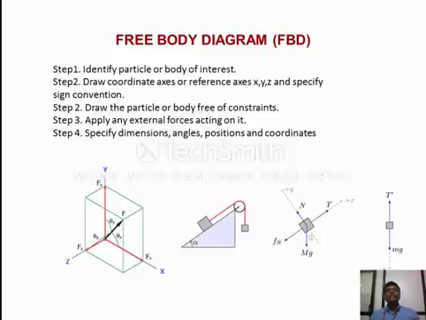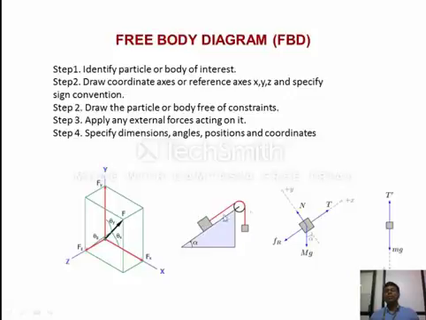Then apply the external forces acting on it. When you remove the constraint, there are external forces acting on it, so you have to include the external forces acting on that boundary. Specify the dimensions, angles, and positions in the coordinates. That's very important. So let us look at this inclined plane.